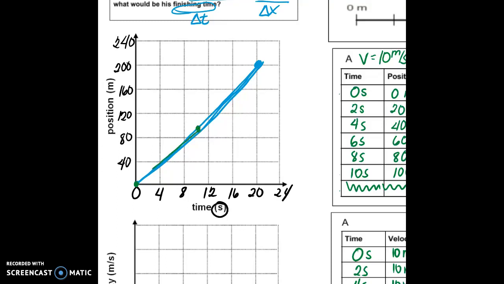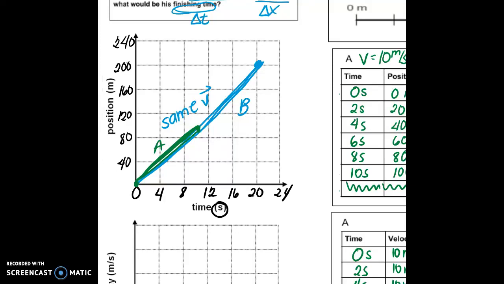Okay. So there's part A, and part B is here. Okay. So this is same velocity. The time, let's do this in pink.